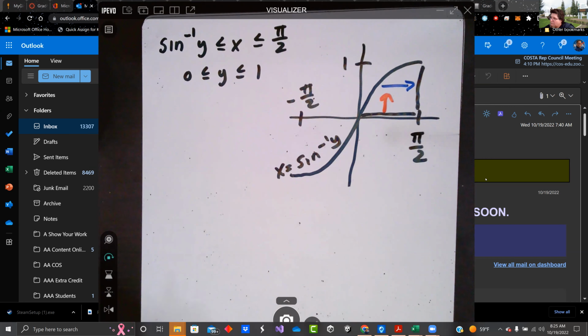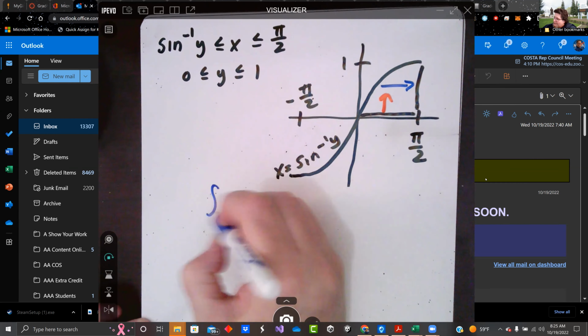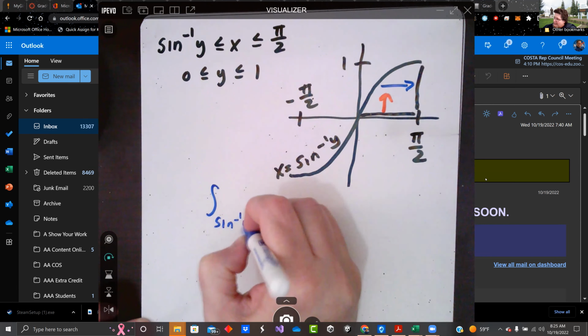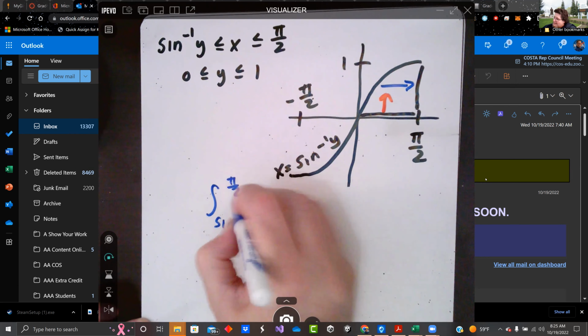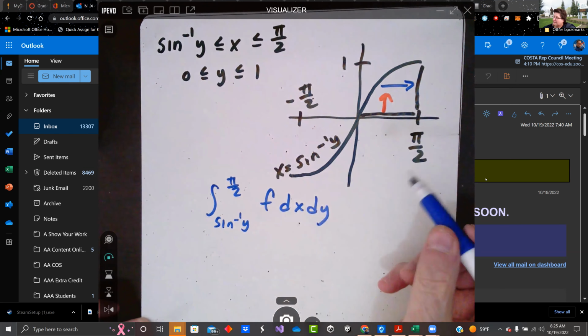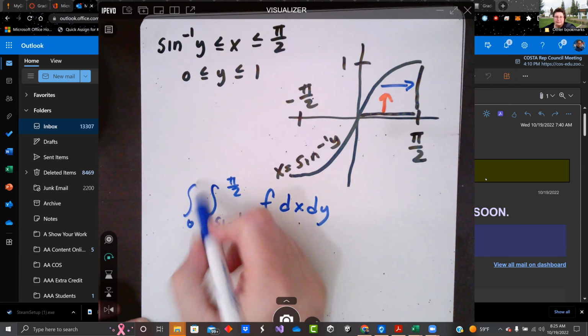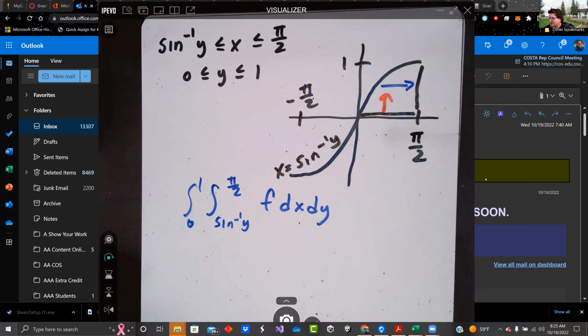The way it's set up with x listed as a function of y, it might be more natural to start with that version. Going from sine inverse y up to pi over 2, we've got f of d and then dx dy, and 0 to 1. How does this change when we switch over to the other way?